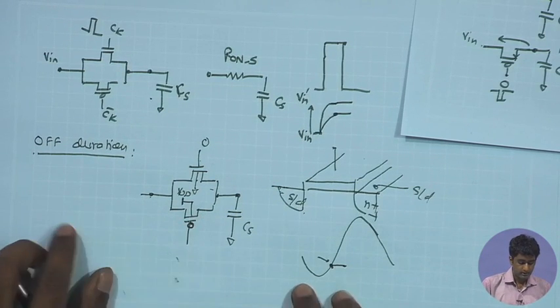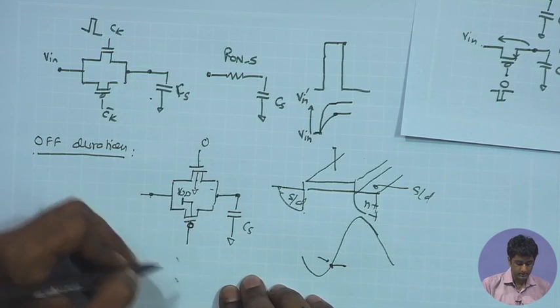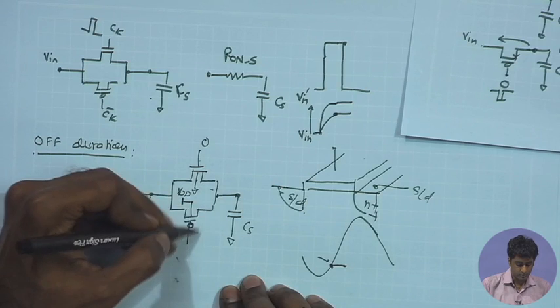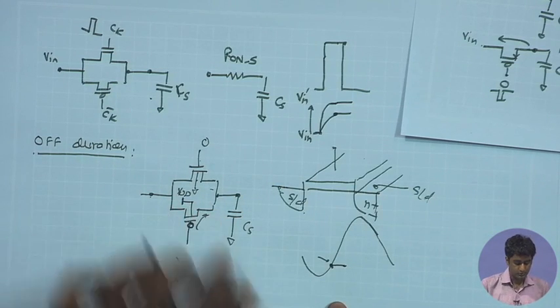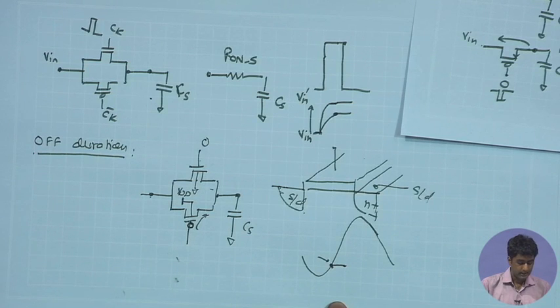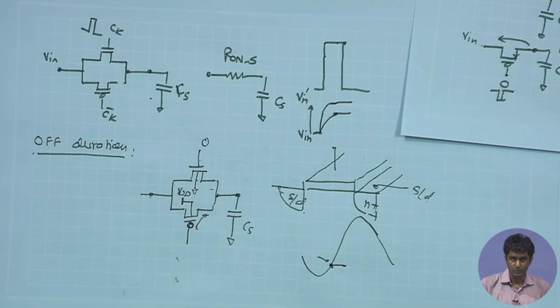You will have significant reverse bias current flowing from the substrate towards the source drain terminal of the PMOS over here. As a result, this can lead to increase in the overall sampled voltage, right.